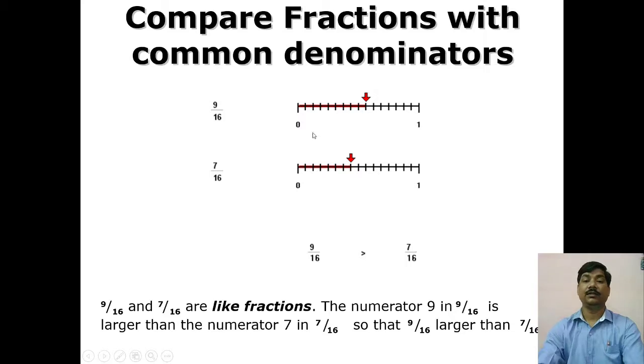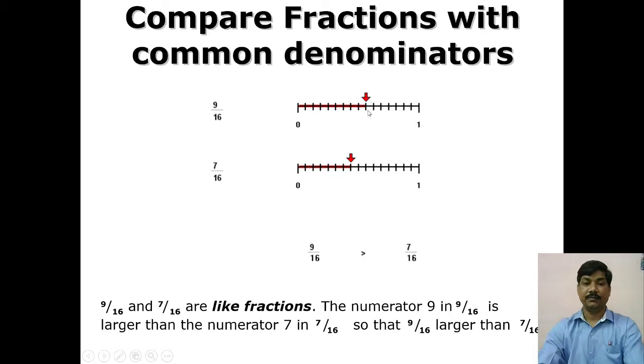This fraction will lie between the two whole numbers 0 and 1. So we divide the part between 0 and 1 into 16 equal parts and take 9 out of them.